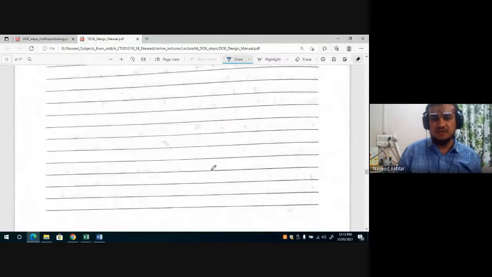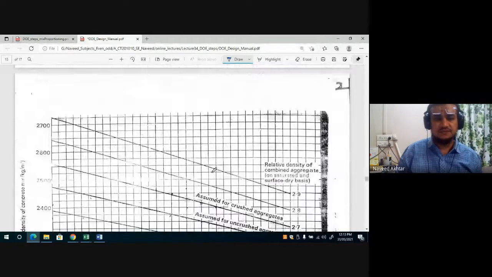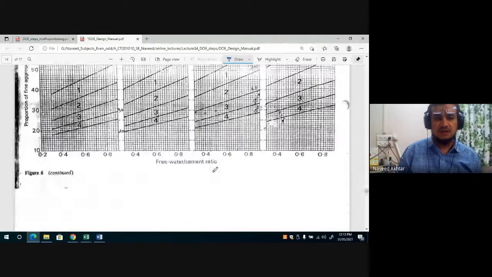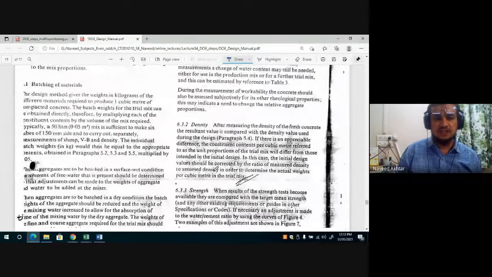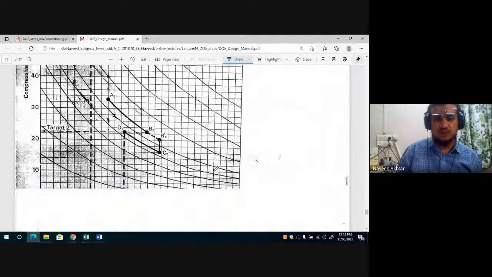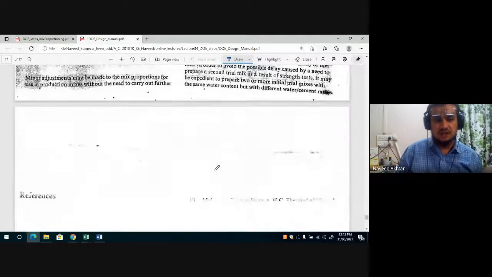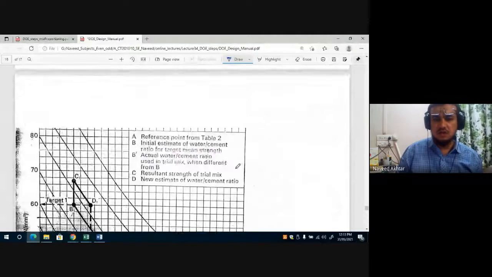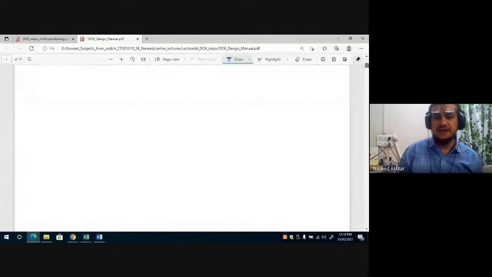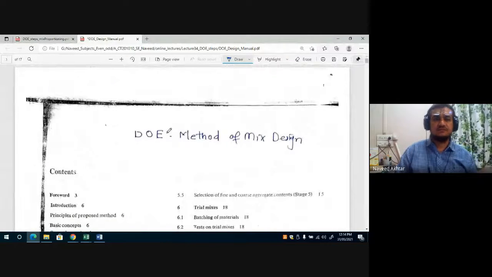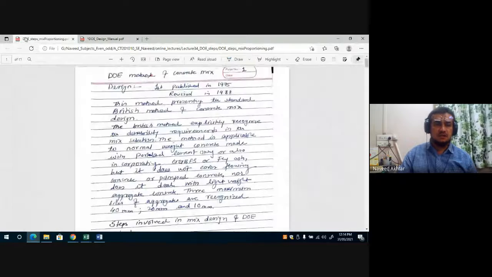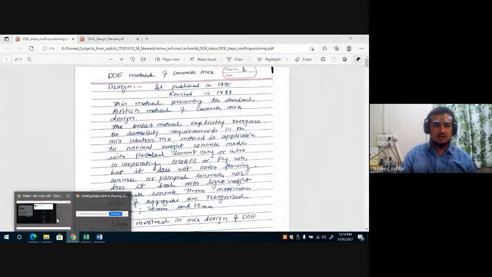It's all given in this manual. We will refer to this manual for mix proportioning of your concrete using the DOE method. This is our notes.